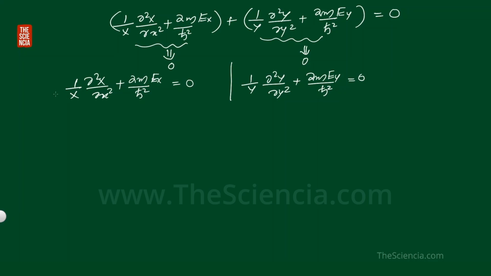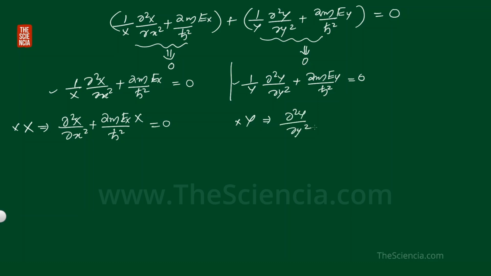Now again I want to remove this 1 by X and here this 1 by Y. So I am multiplying this term with X. So I will get d squared X by dx squared plus 2m Ex X by h cross squared equal to 0, and here I am going to multiply this term by Y. So I will get d squared Y by dy squared plus 2m Ey Y by h cross squared equal to 0.